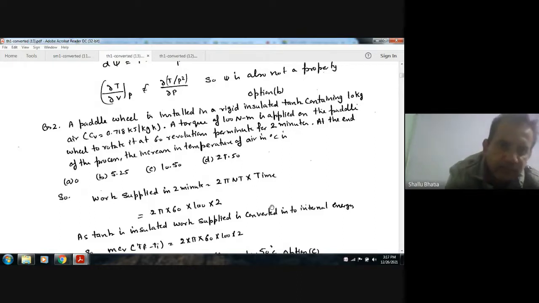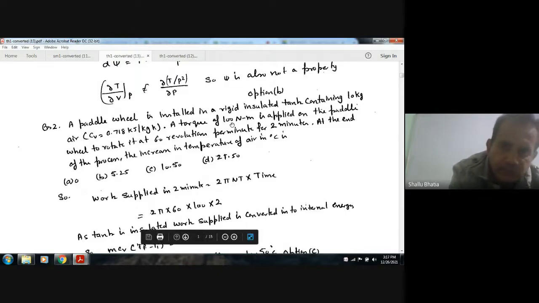At the end of the process, the increase in temperature of the air is: option A 0, option B 5.25, option C 10.5, option D 21.5. So here a torque has been applied. That torque is 100 Newton meters.